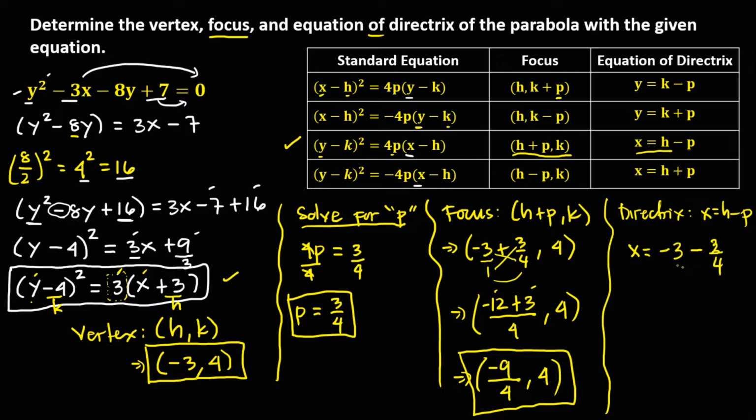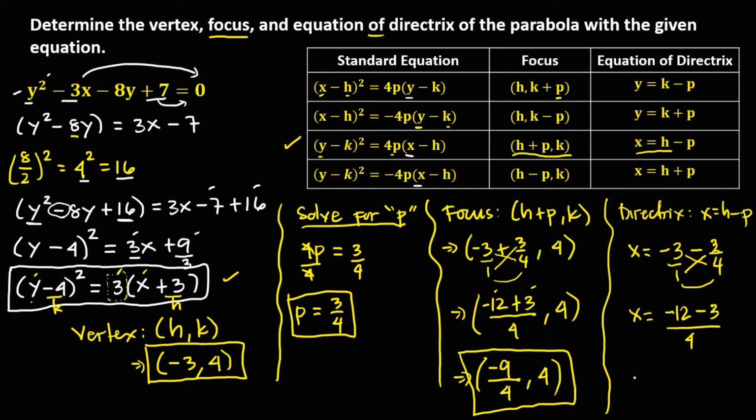Then again, over 1. So do cross multiplication. So negative 3 times 4, this one is negative 12. Then minus 1 times 3, that's 3. Then over 1 times 4, that's 4.